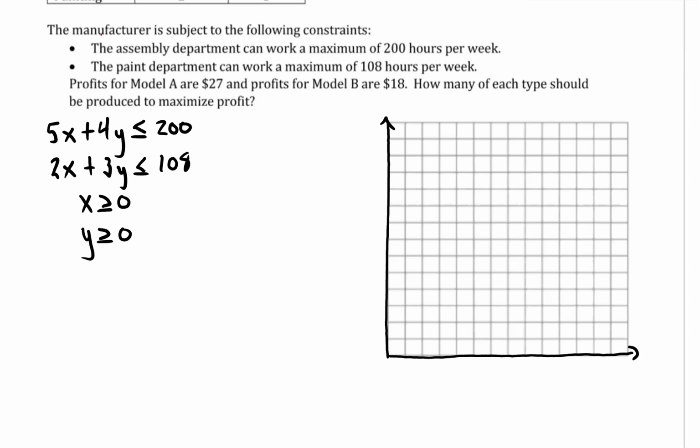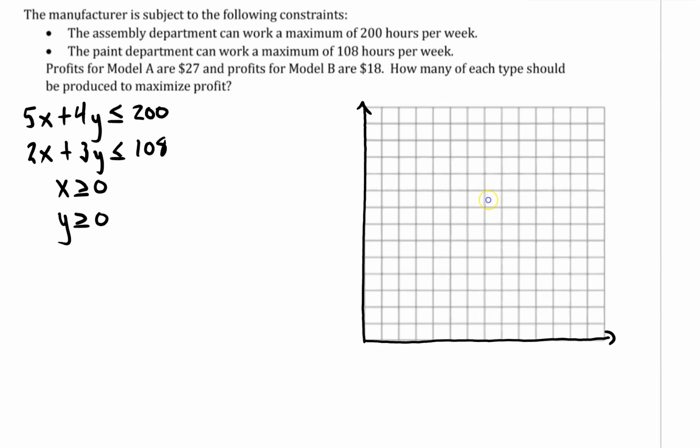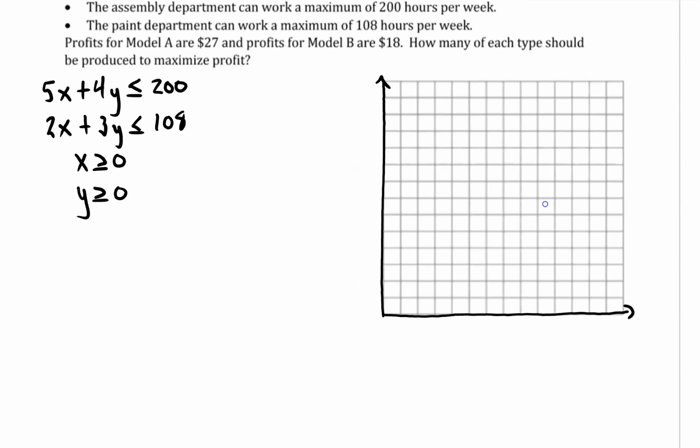Now I've got to decide how to scale this. If I do the other one, I get 2x equal to 108, and that's 54. So I've got to get to 54 here and I've got to get to 40. So I'm going to have to scale this accordingly.